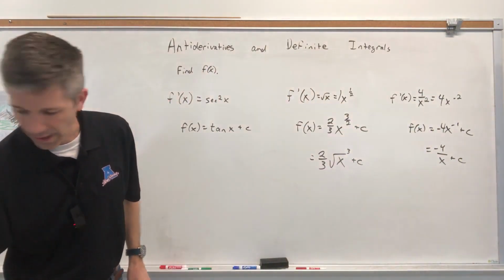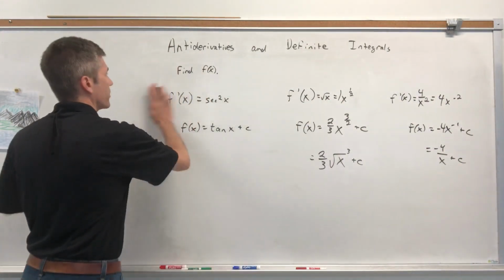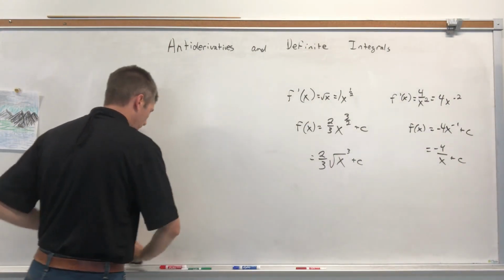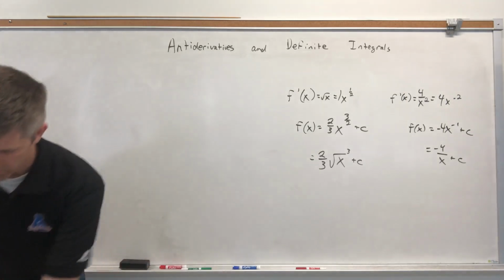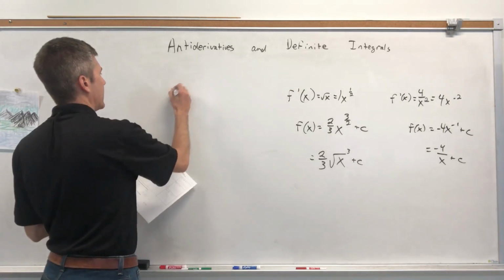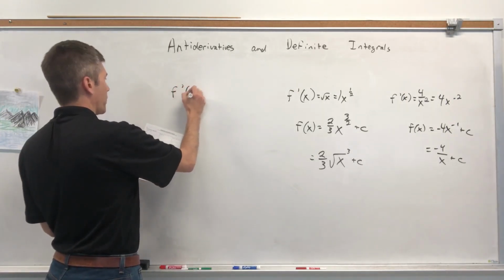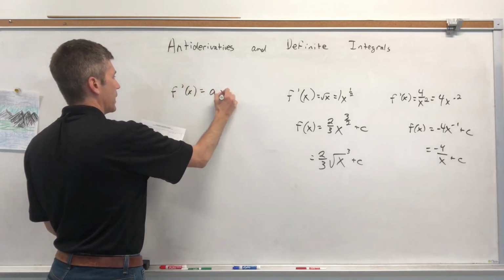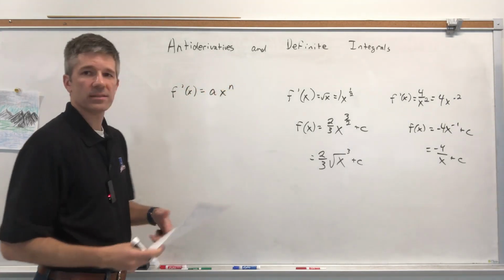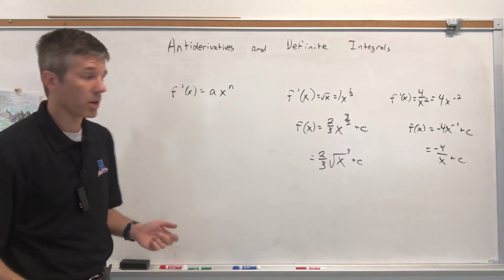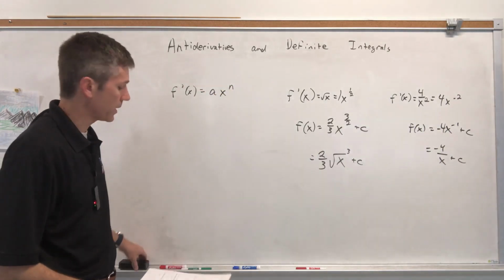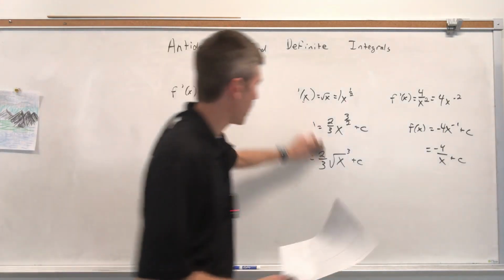So whenever I have, let me erase some stuff here, whenever I have some polynomial as a derivative, like f prime is equal to ax to the n, and n is some integer if it's truly a polynomial, or just whatever number it may happen to be, and a is just some constant.